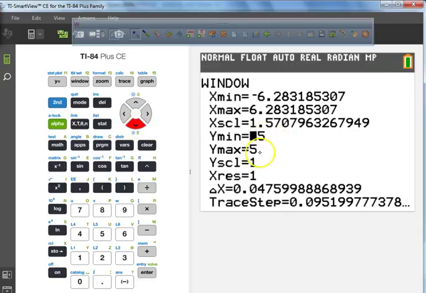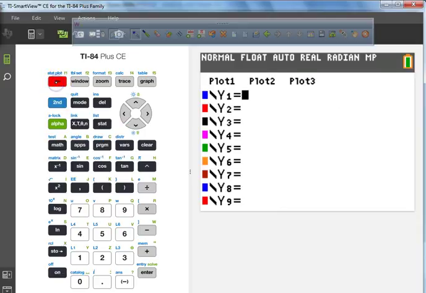I'm just going to go from negative 5 to positive 5 and make my y scale 1. I'm going to hit the y equals button. And in red, what I'd like you to do is type in the cosine of x graph. All right? So type in the cosine of x graph.